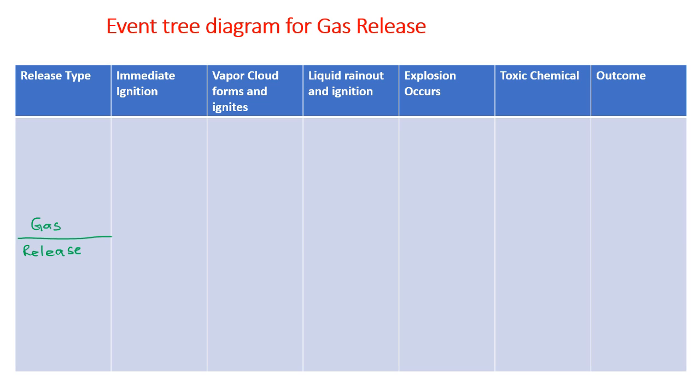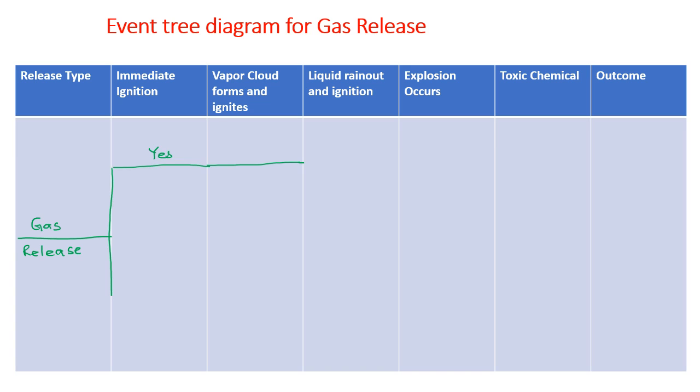Now, ignition can be immediate or it may take some time. So let's consider the ignition to be immediate first. Then if a vapor cloud forms, this is not applicable in this case, right, because whenever the gas is released, it immediately gets ignition.